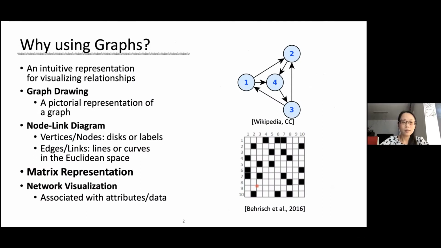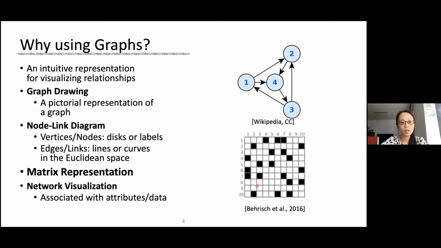So why are we using graphs? As I explained previously, this is an intuitive representation for visualizing relationships. Graph drawing is actually a scientific field in which we investigate pictorial representations of a graph.